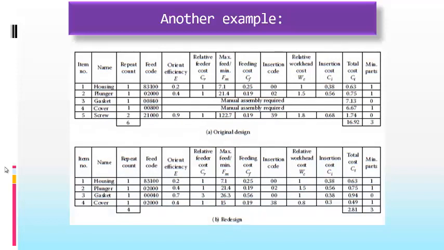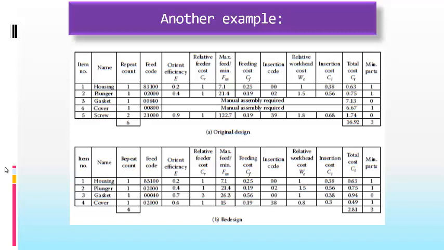And here is the example. If you look at the real design, those tables are modified from Boothroyd's table, and you can use them, and you might find them easy. Again, the feeding code is the same code, and you can find the orientation efficiency from the table. And at the end of the day, he puts a cost per hour, and the total cost here, as you see, is $16.94, and the minimum number of parts is 3.